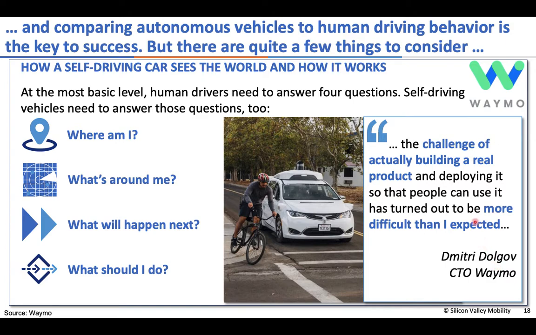And if he says, well, more difficult than expected, because these 4 questions, which is different from the Intel example, which is more like an advice how you should do it, but asking these questions, especially what will happen next, that is really, really tough, because this cyclist, is he going to cut in front of that vehicle?